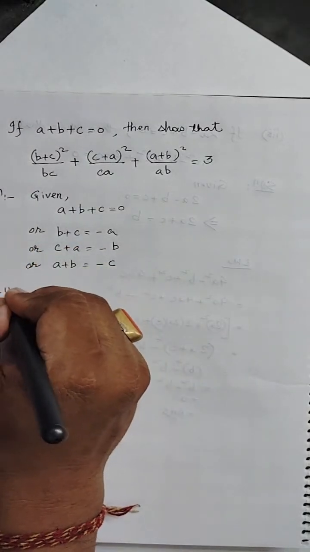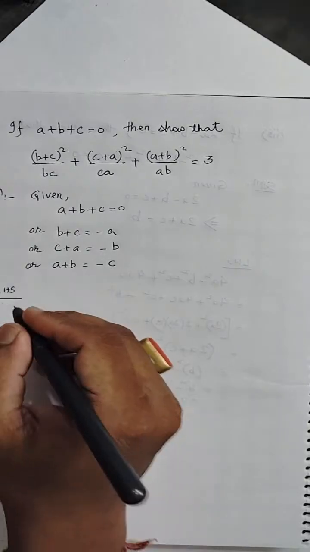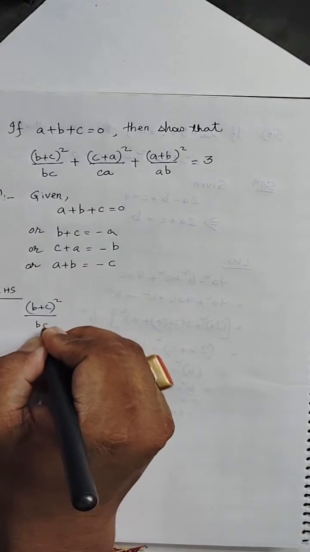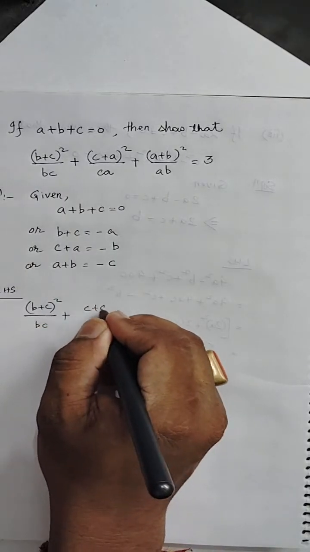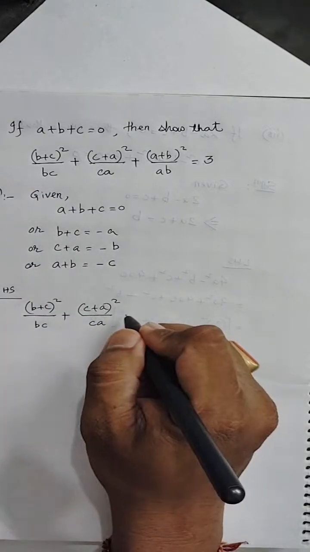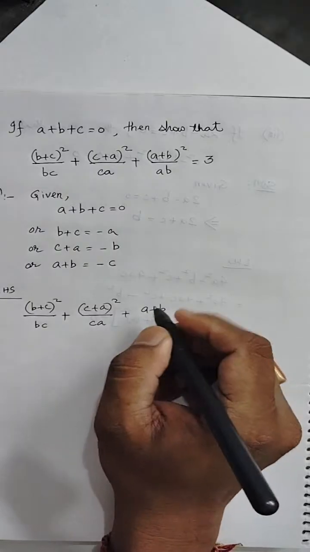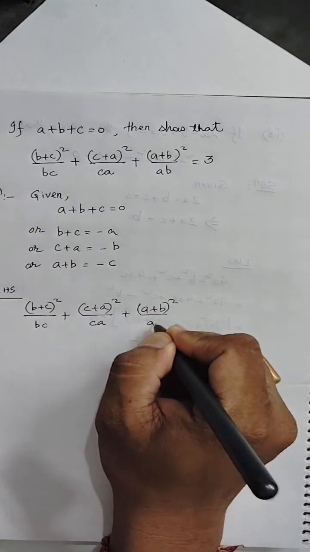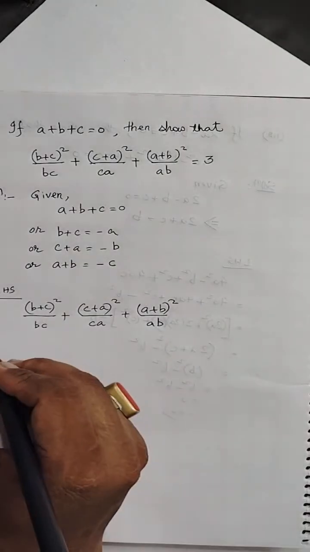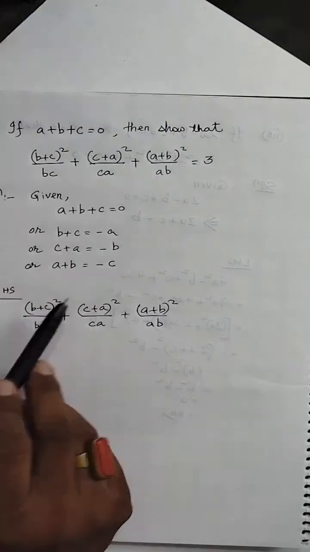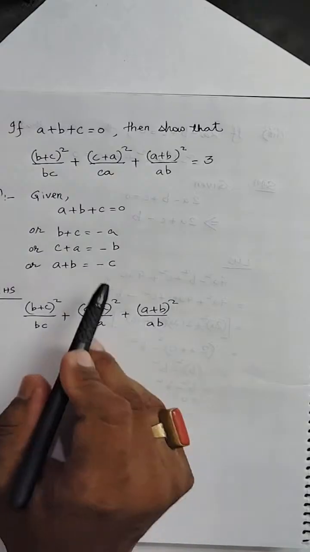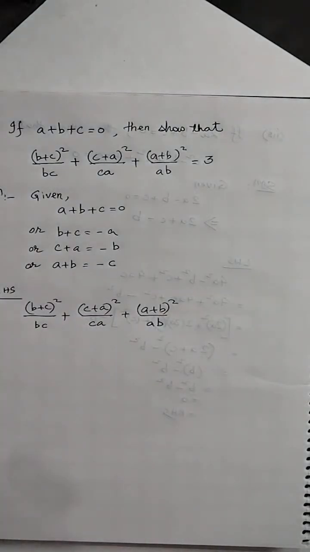So we'll proceed with the LHS. So we have b plus c whole square by bc, c plus a whole square by ca, and plus a plus b whole square by ab. So we'll replace the values. For b plus c we will use minus a, for c plus a we will use minus b, and for a plus b we will use minus c.